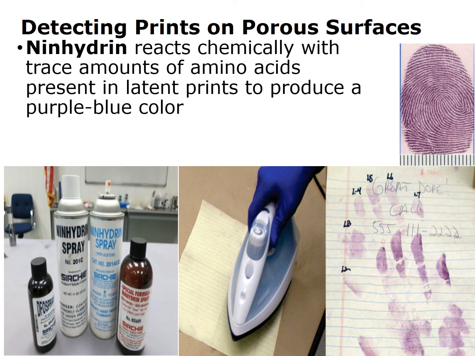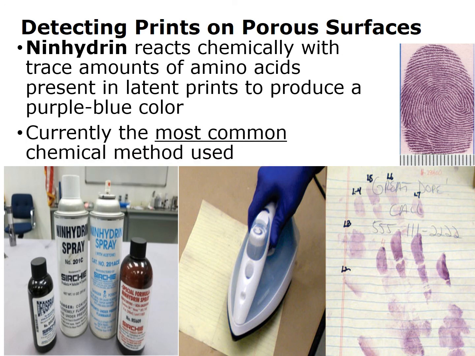A more common chemical that's used now is called ninhydrin. That reacts chemically with trace amounts of amino acids present in latent prints to produce a purple-blue color. So when you process a latent print with ninhydrin, you end up with a purplish color print like you see in the two pictures on the right.